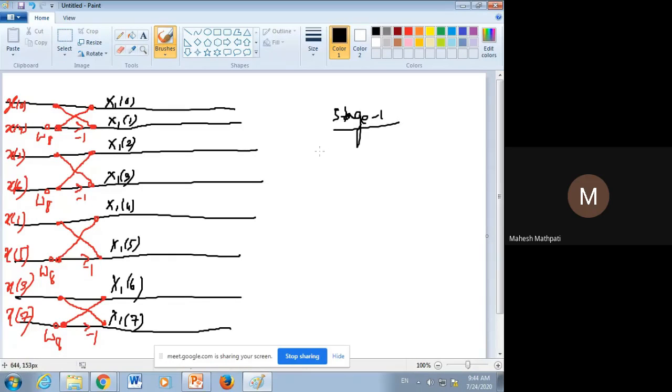So in that, first we will write x1 of 0 is equal to x of 0 plus W8 raised to 0 into x of 4. So which will be equal to 1 plus 1 into x of 0 value is how much?